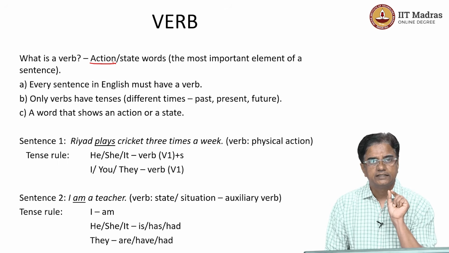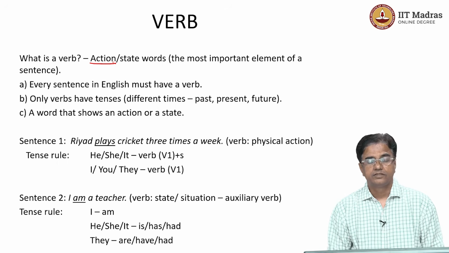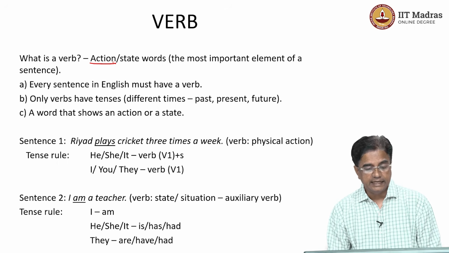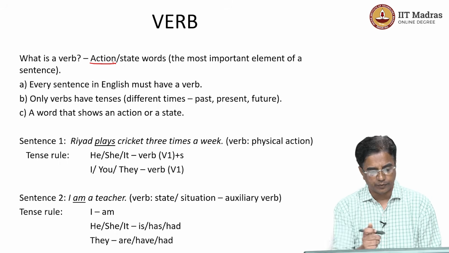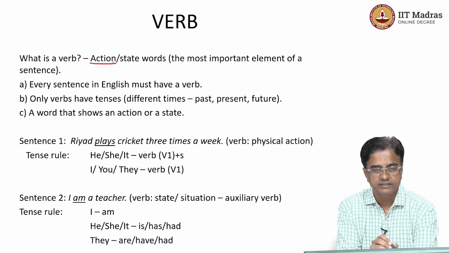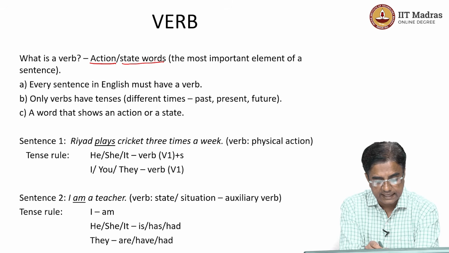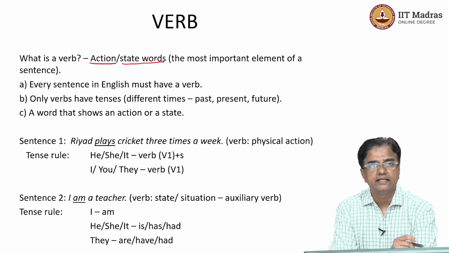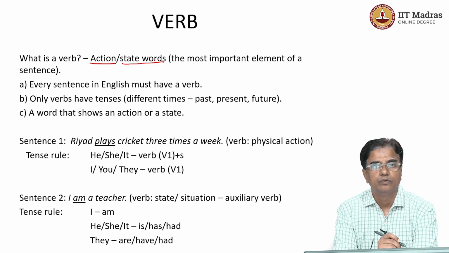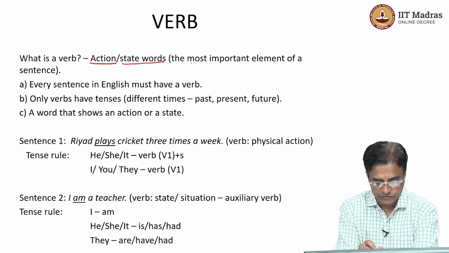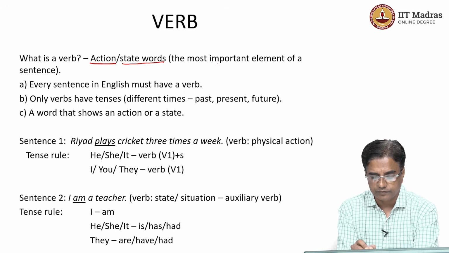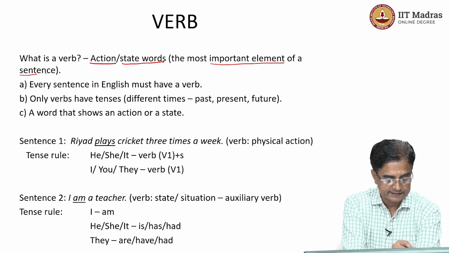It's a word that talks about actions. Sometimes it may not have any action, but we will talk about that as well. So action words, and also words that indicate a state. These words are called verbs. As we have seen, it's one of the most important elements of a sentence.